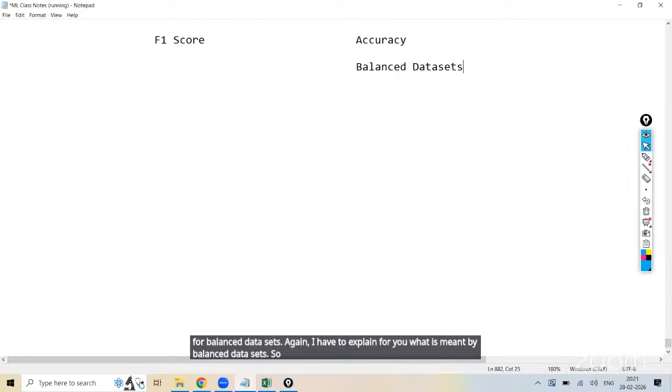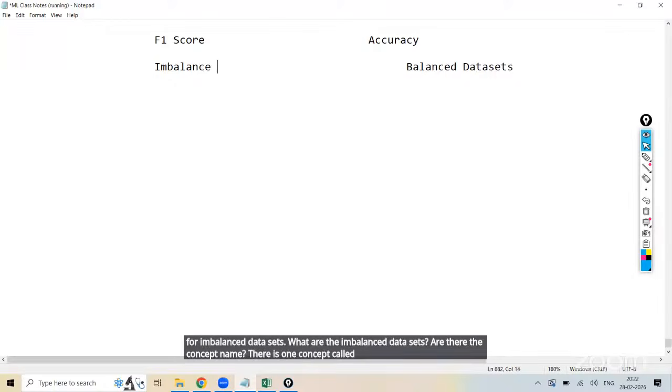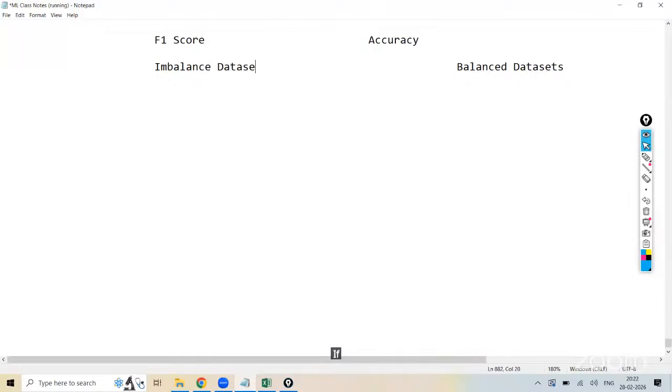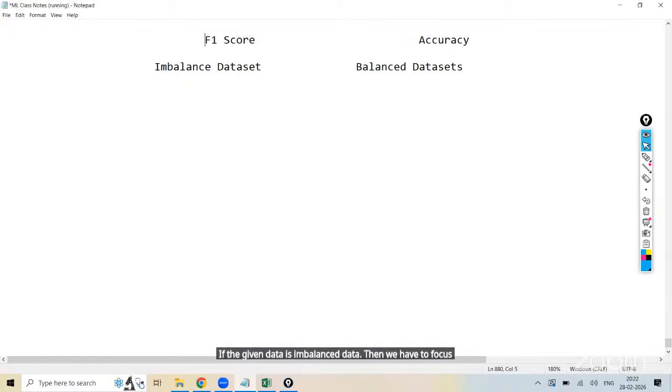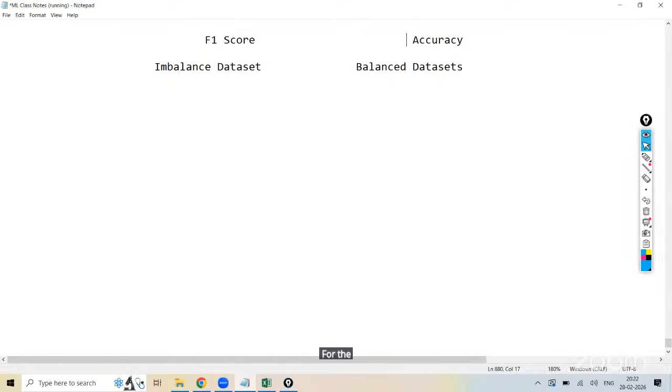For balanced data sets, we have to go with accuracy. Again, I have to explain what is meant by balanced data sets. There is one concept called balance and imbalance. If the given data is imbalanced, then we have to focus on the F1 score, not on accuracy. For balanced data sets, accuracy. For imbalanced data sets, it should be F1 score.